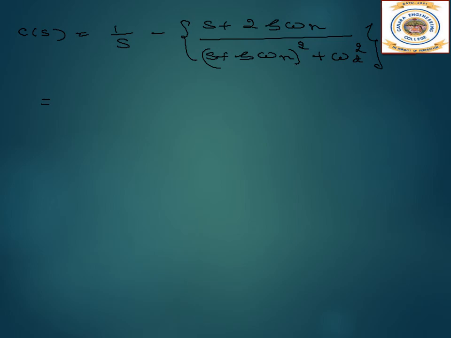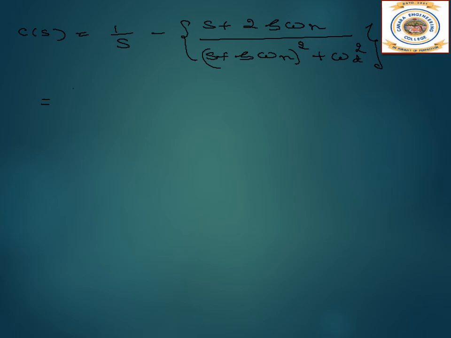But here, we have s plus 2 zeta omega n by s plus zeta omega n whole square plus omega d square. I need to have s plus zeta omega n only in the numerator to get a cos term here, right? So what we will do, we'll split it up first.